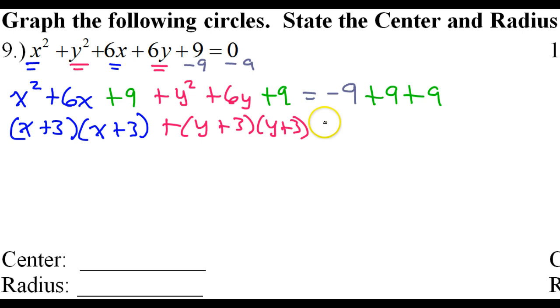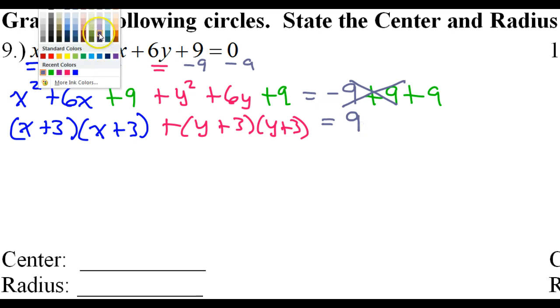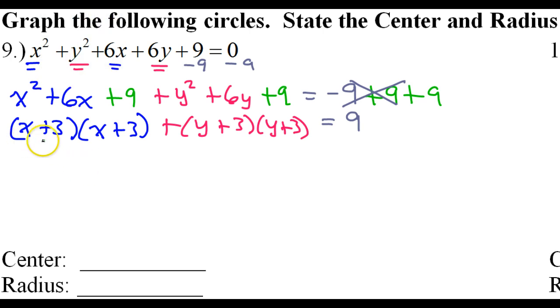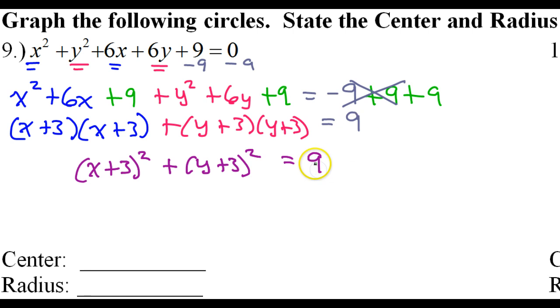Meanwhile, on the other side of the equal sign, the -9 and the +9 cancel out. So that just leaves 9. Alright. So now I can write the x plus 3 times x plus 3 as x plus 3 squared. And I can rewrite this as y plus 3 squared. And just bring down the fact that that equals 9.